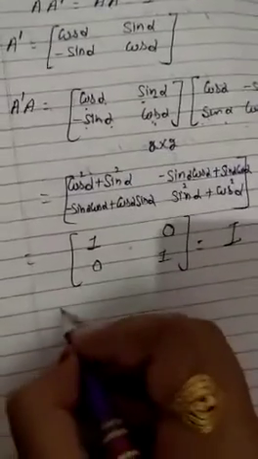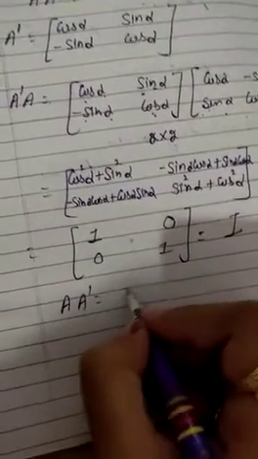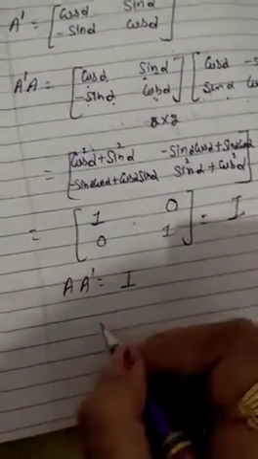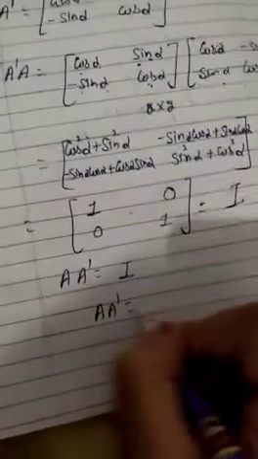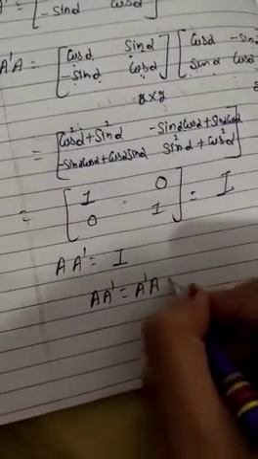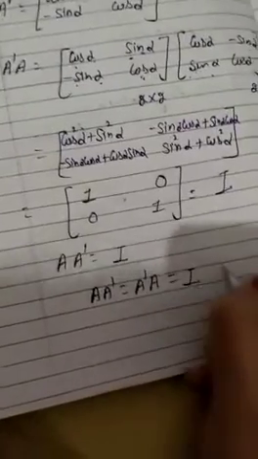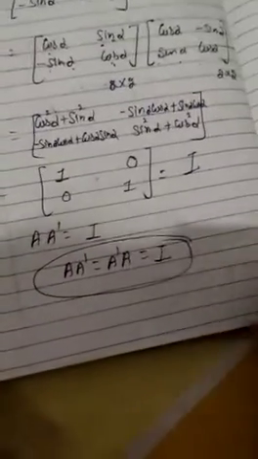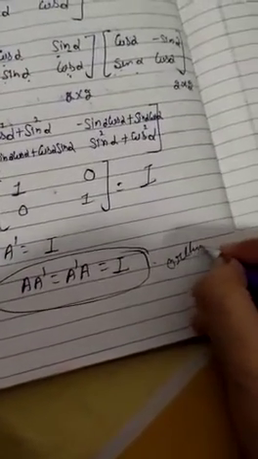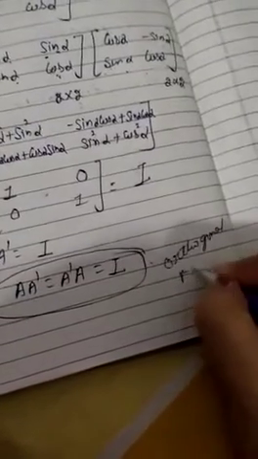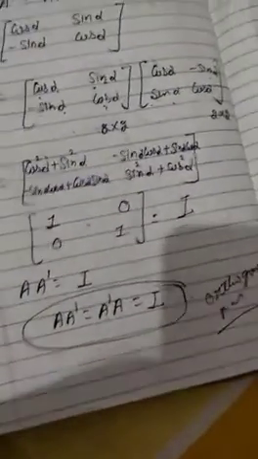In the same way we can prove A into A transpose is also equal to identity. Now A transpose into A is equal to I, and since this is possible, it means it is an orthogonal matrix. Clear? Now we will solve one more example related to it.